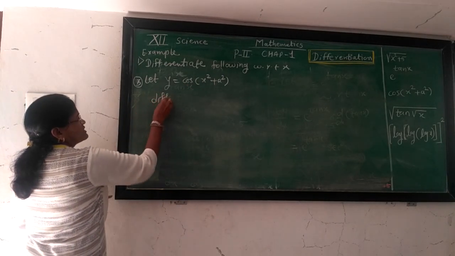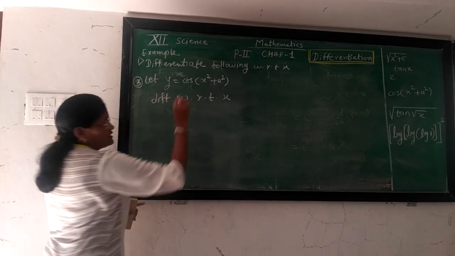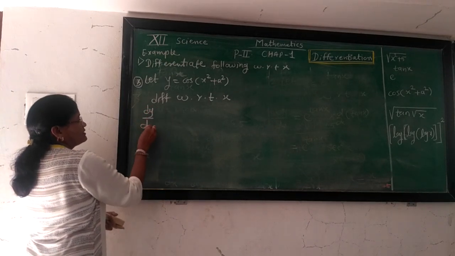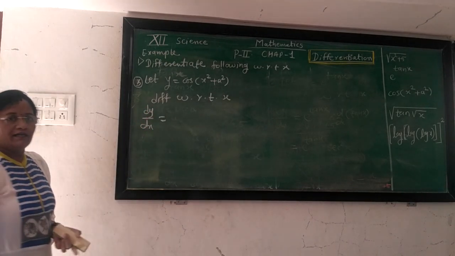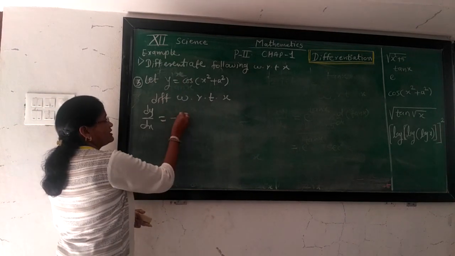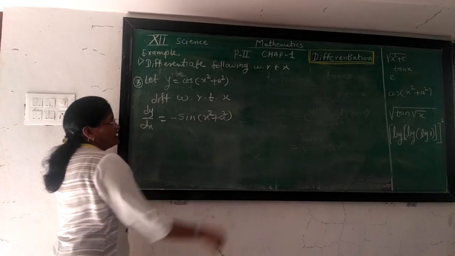So we differentiate directly. Differentiate y with respect to x, so find the derivative of y with respect to x, dy by dx. The starting function is cos. We know that the derivative of the cosine function is minus sine of x square plus a square.